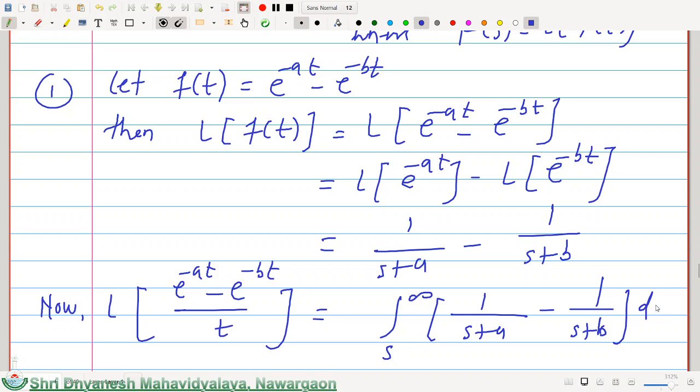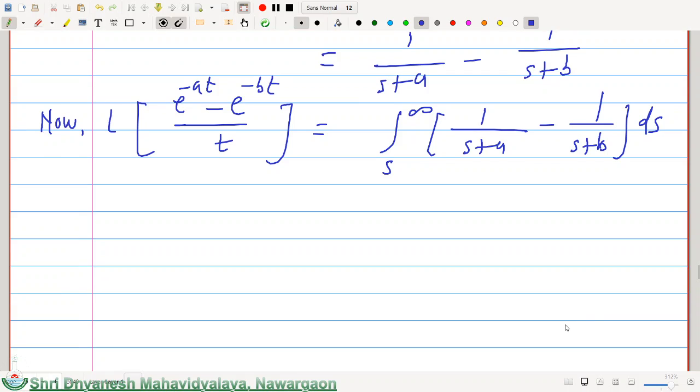Instead of writing directly, you can write under the integral sign the Laplace transformation of e to the power minus at minus e to the power minus bt, and then write this step. This is your choice.